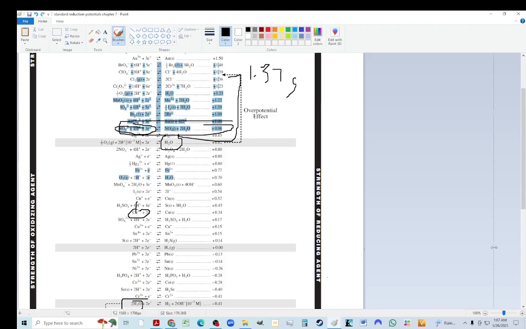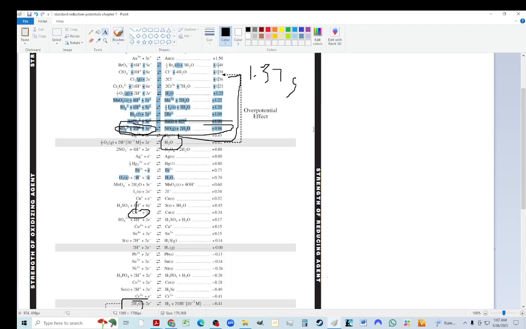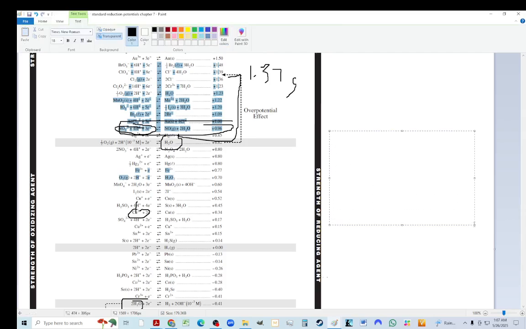So if you rewrite it, and for some reason your book doesn't balance the electrons, personally I think it's a good habit, but I think they just don't want the students to get confused. So that's one reaction where we're using, and its voltage is 0.96.